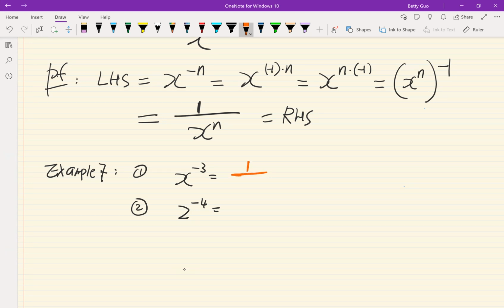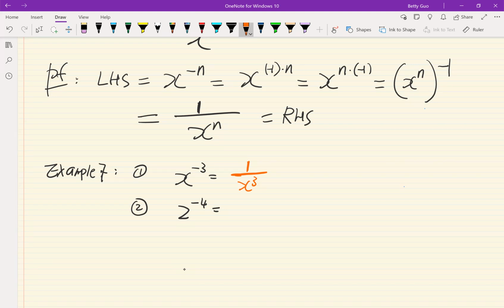Okay, that's how you get rid of the negative exponent. x to the power of -3 is 1 over x to the power of 3, because the negative sign in the exponent is equivalent to taking reciprocal. Remember that? -n is n times -1. That -1 in the exponent is equivalent to taking reciprocal.